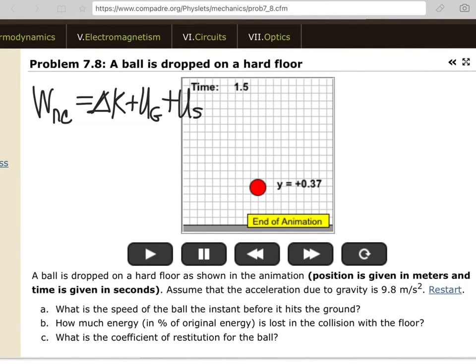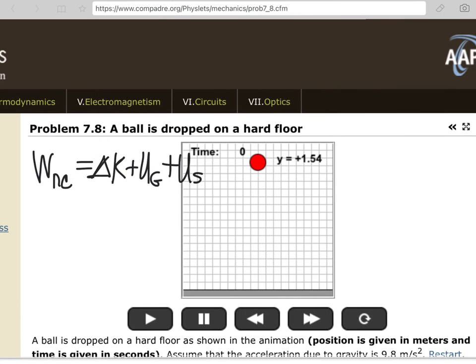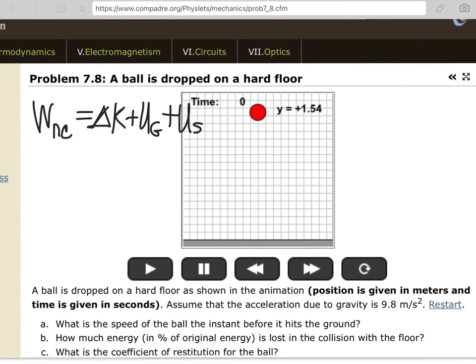So when we start, what do we have in the beginning? In the beginning, all gravitational potential, right? There's no kinetic, there's no spring, and then we let go. We let go, it falls.